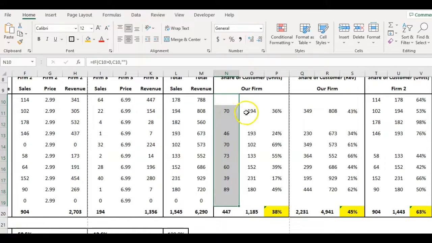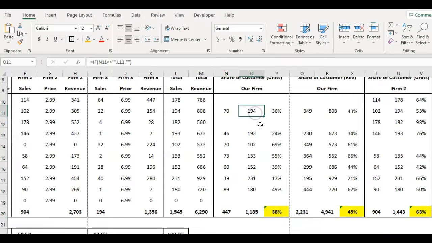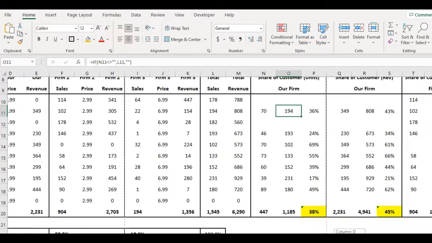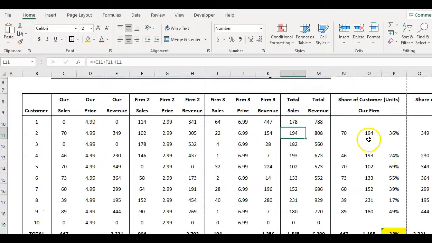And as you can see, I add them up, I get 447 units. And they're the people who bought from us. And this second number here is what those customers bought in total. So this customer here, customer 2, bought total sales of 194.